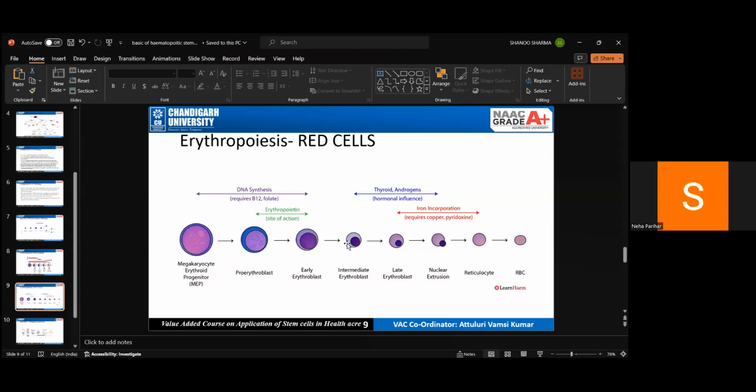Then it undergoes another proliferation. It forms intermediate erythroblast, then late erythroblast. Then it forms the reticulocyte, in which no nucleus is present, and then in the last, RBCs.